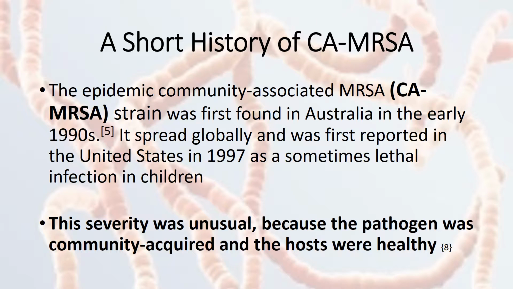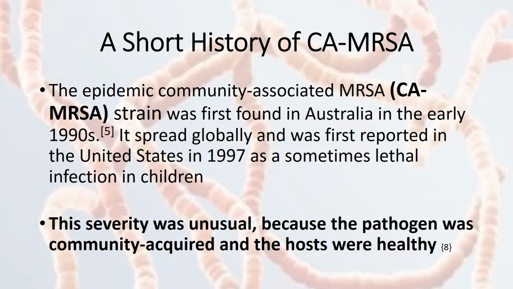A short history of MRSA. The epidemic community-associated MRSA strain was first found in Australia in the early 1990s. It spread globally and was first reported in the United States in 1997 as a sometimes lethal infection in children.